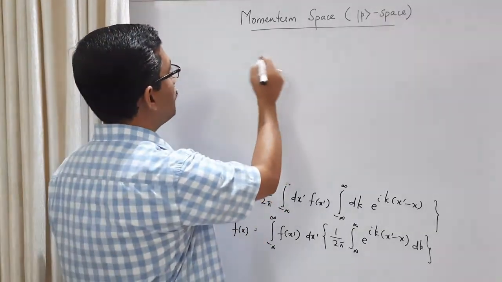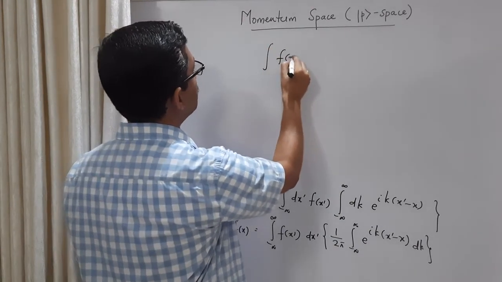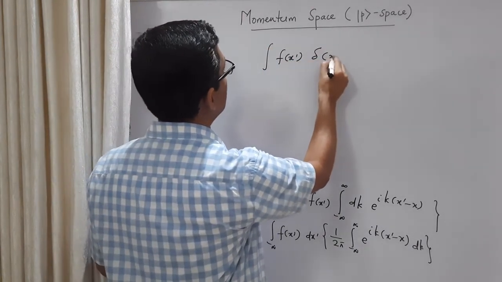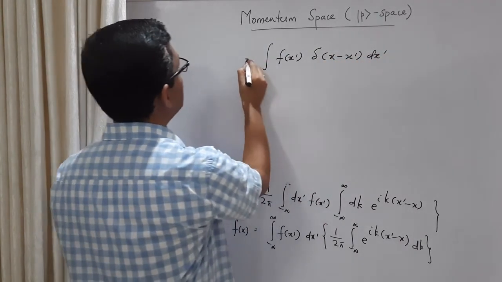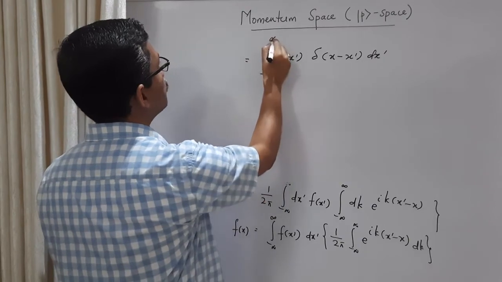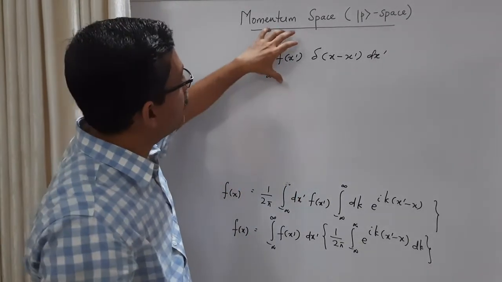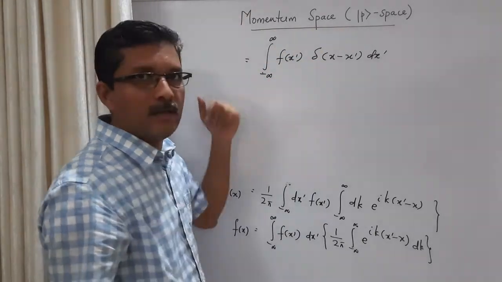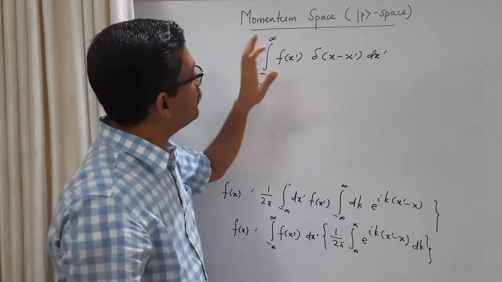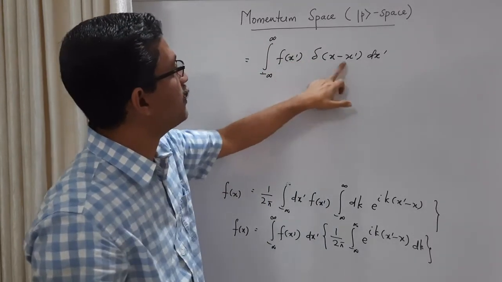We know that a property of Dirac delta function is integral f of x prime delta(x minus x prime) dx prime, integrating over the entire x-axis from minus infinity to plus infinity. That means when you multiply this function with the Dirac delta function and integrate over the entire x-axis, then the Dirac delta function will pick out only one value of the function, which is x prime equal to x.